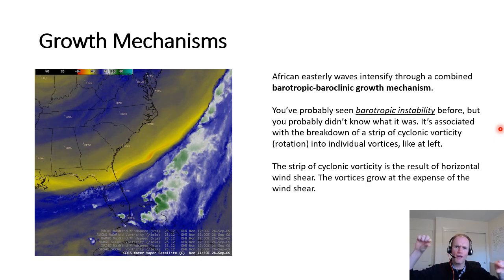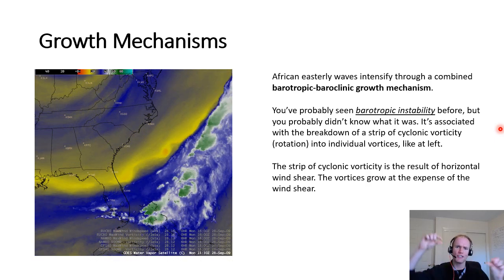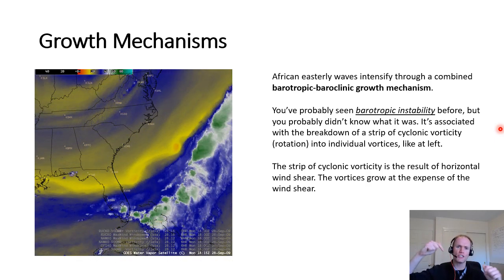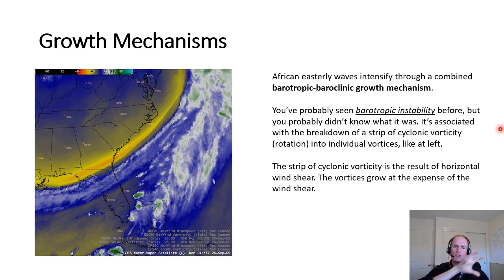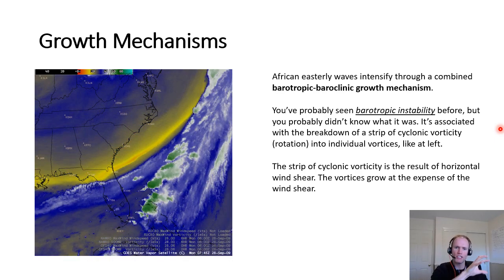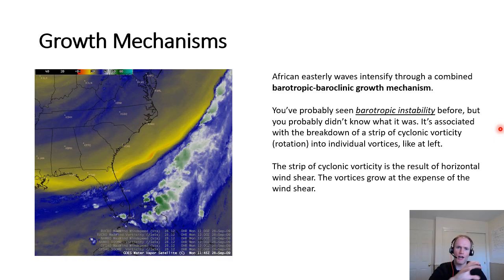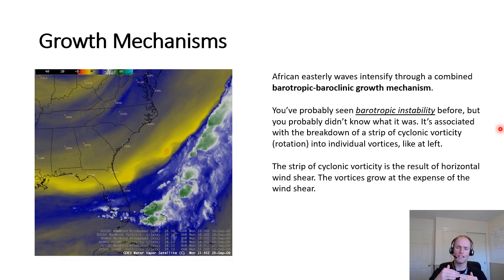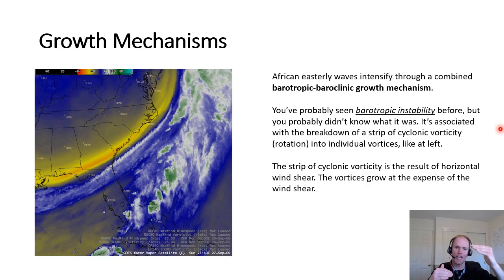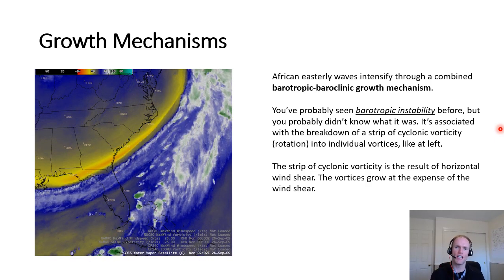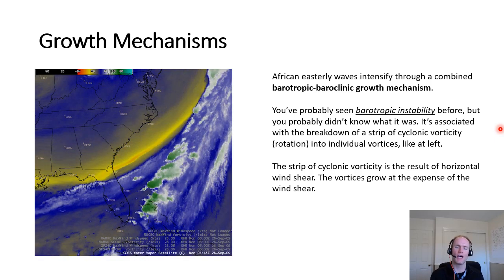This strip of cyclonic vorticity within the base of the trough has its origins in horizontal wind shear across that. You typically have a maximum of wind speed going around the base of the trough because that's where your height gradient between the area of low pressure off to the north and west in this case, and high pressure off to the south and east is ultimately maximized.